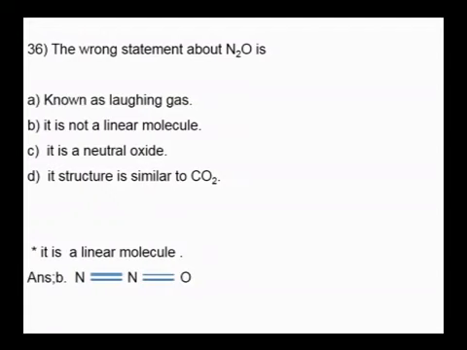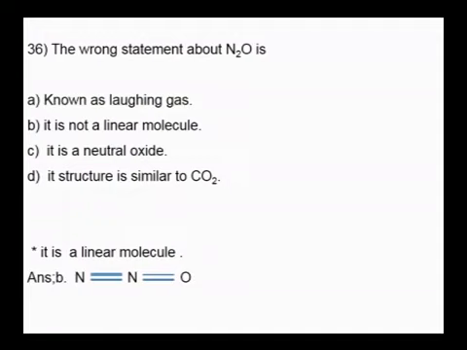Next question, 36th question. The wrong statement about N2O: A, nitrous oxide is known as laughing gas. B, it is not a linear molecule. C, it is a neutral oxide. D, its structure is similar to CO2.